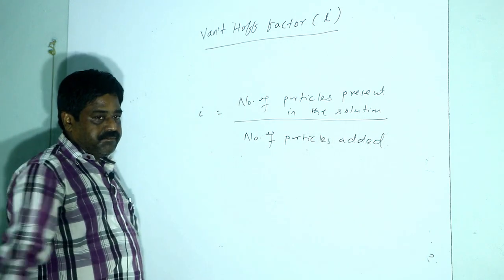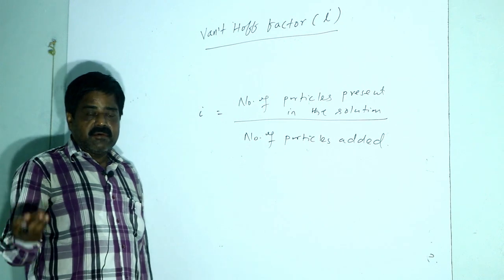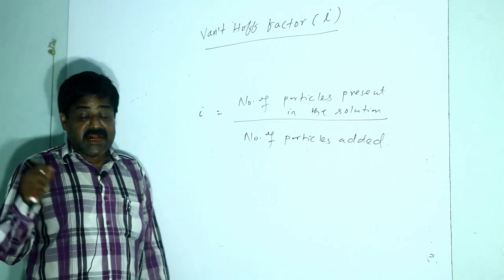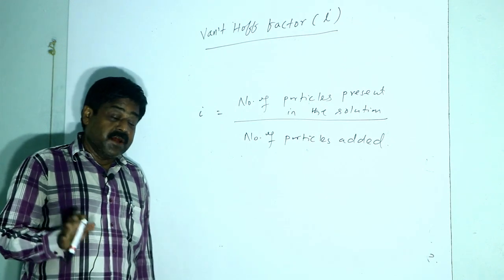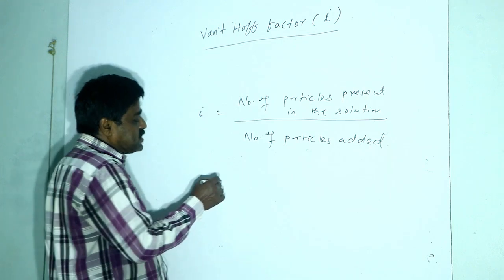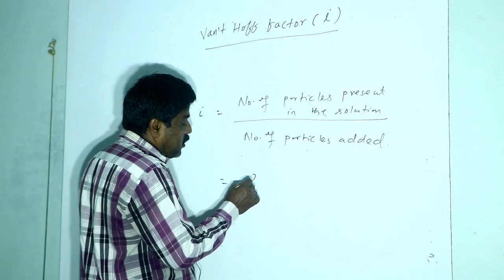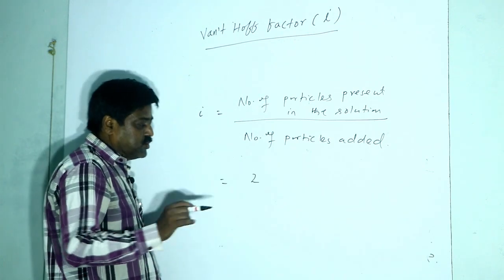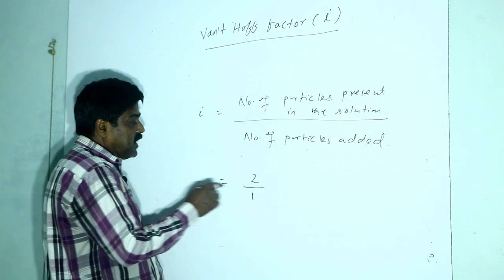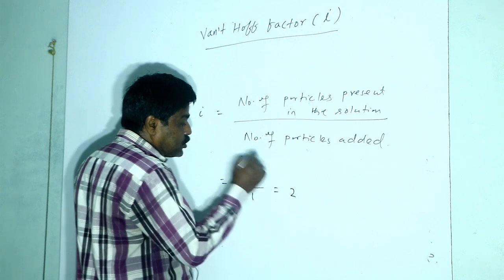Let's say we are talking about NaCl. When NaCl is added, if it is 100% dissociated, then what happens? The number of particles, Na plus and Cl minus, is 2 in the solution, but we are adding one molecule of NaCl. Here the value of i is equal to 2.